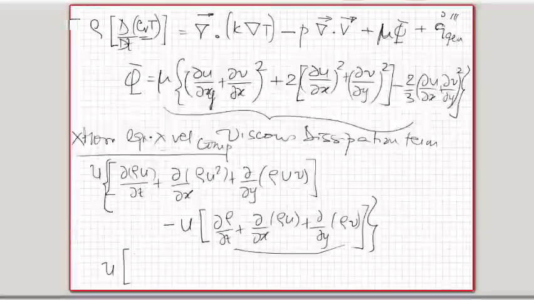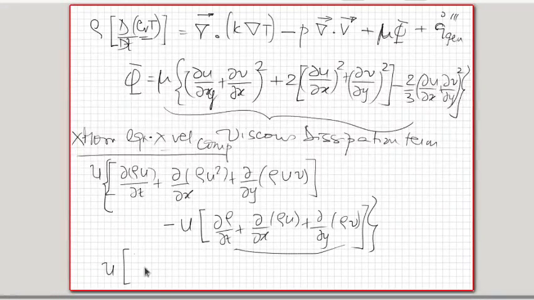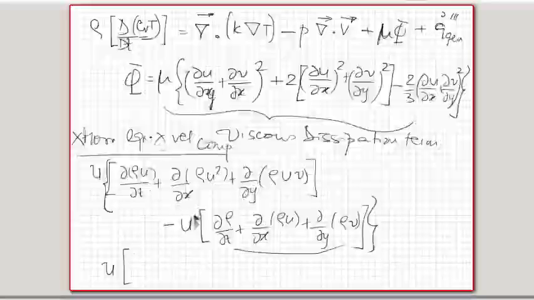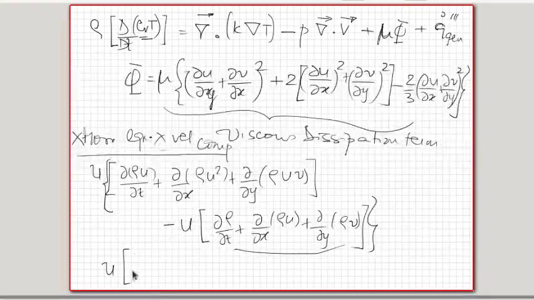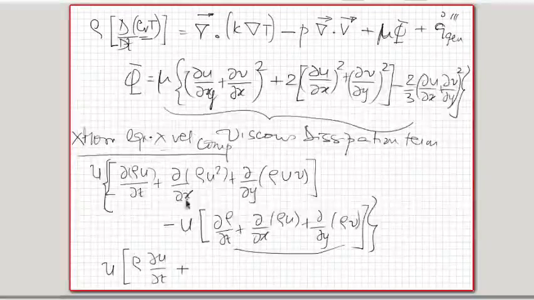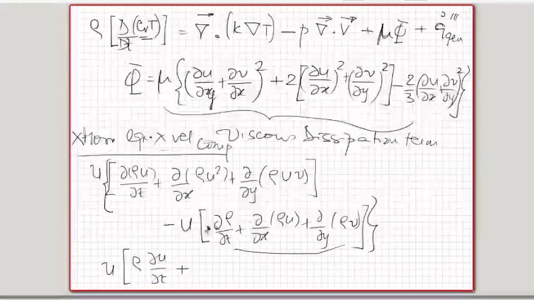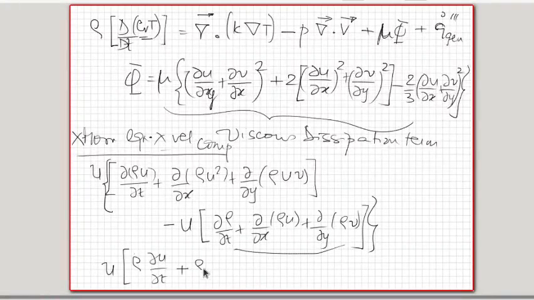So now ∂/∂t of ρu, minus this one, will become ρ ∂u/∂t. Similarly, ∂/∂x of ρu squared will be u times ∂(ρu)/∂x plus ρu times ∂u/∂x. So u ∂ρ/∂x subtracted, it will become ρu times ∂u/∂x, plus the same way this will become ρv times ∂u/∂y.